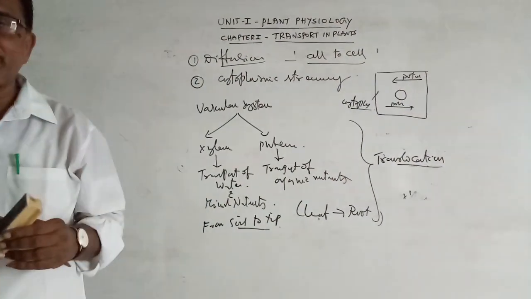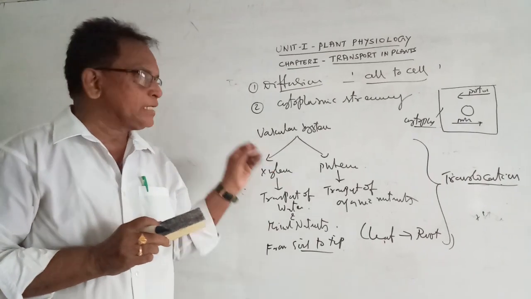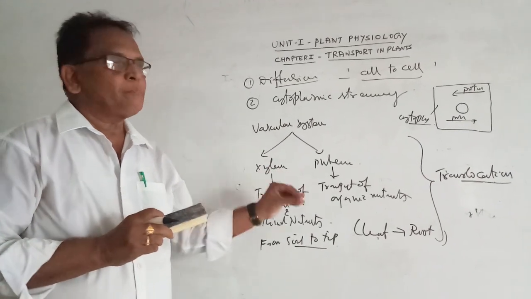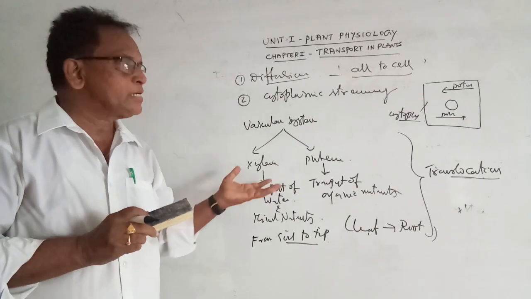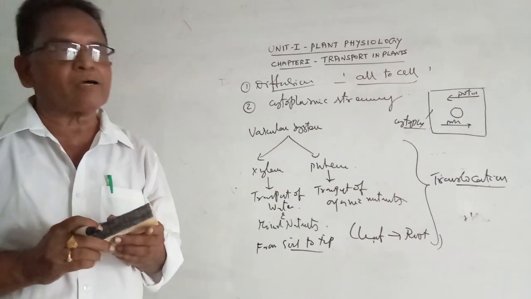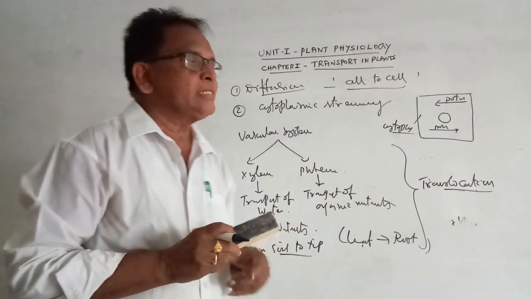Translocation is the term mainly used for the transport of water, mineral nutrients and organic nutrients in the plant body, because they have to cover longer distances. Say, for example, 100 to 110 meters of length is to be transported. This process is known as translocation.